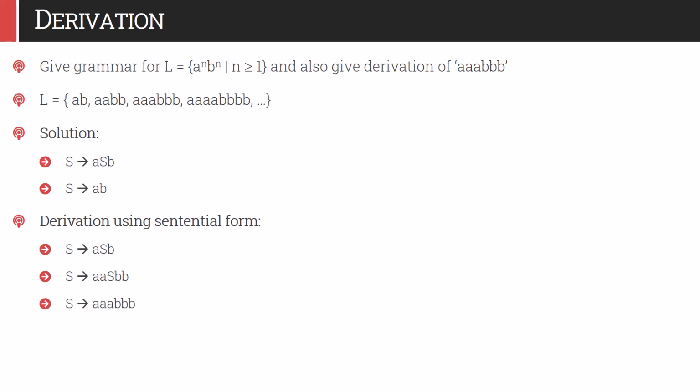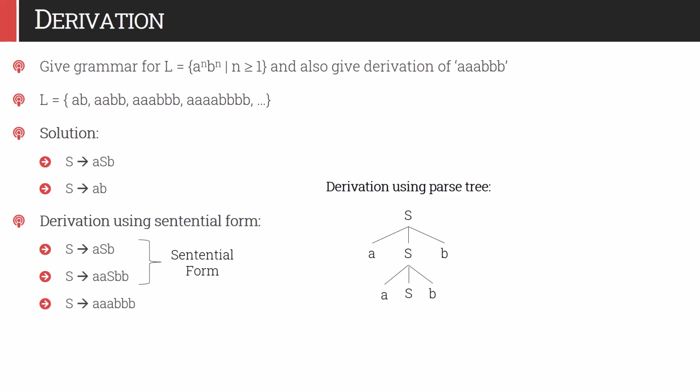So now the string would be triple A, triple B. And this part is called a sentential form because it involves a combination of terminals and non-terminals. Right? And the last one is the actual string. And the derivation using a parse tree can be shown in this way. ASB, again S is replaced by ASB and then S we are replacing by AB, and then we will read it out in in-order traversal.